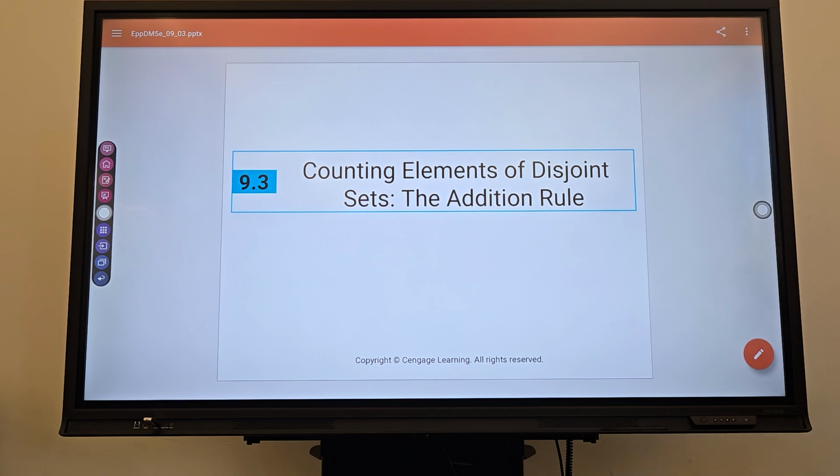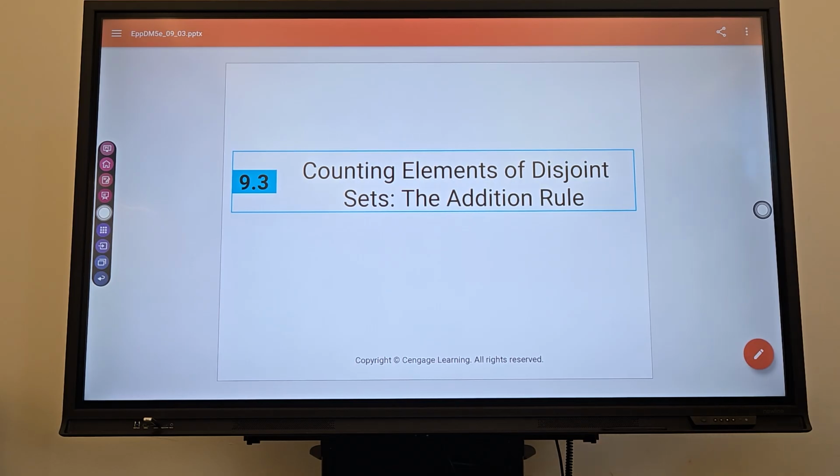Now, disjoint sets are covered in chapter 6, I believe. Basically, a disjoint set is when two sets contain completely different elements. There are no common elements between them. That's what disjoint sets means.